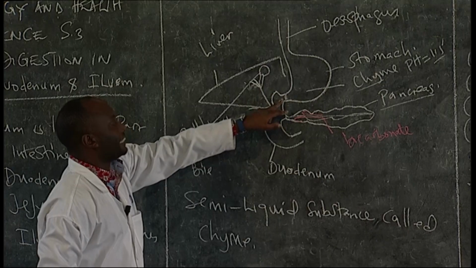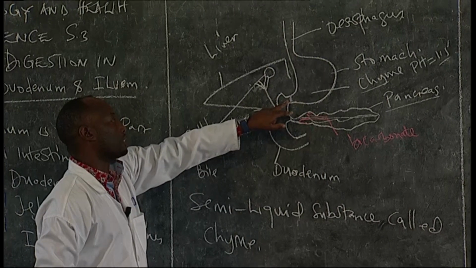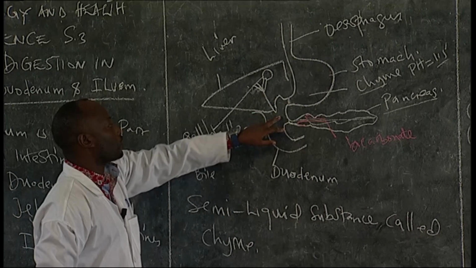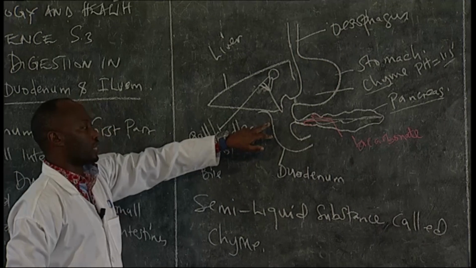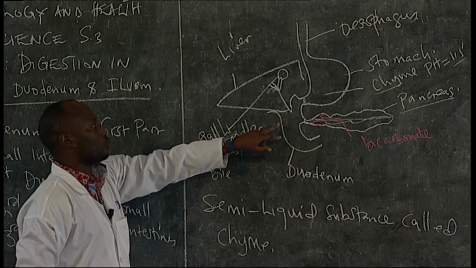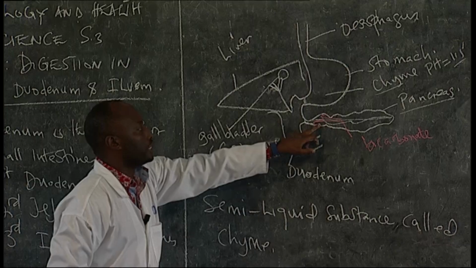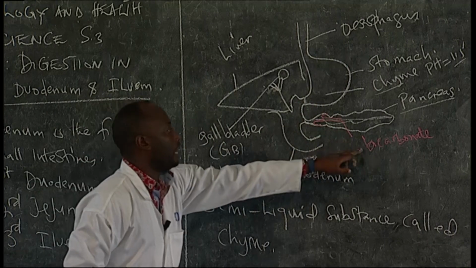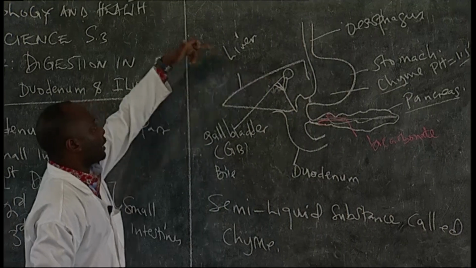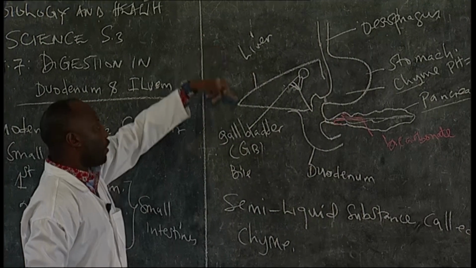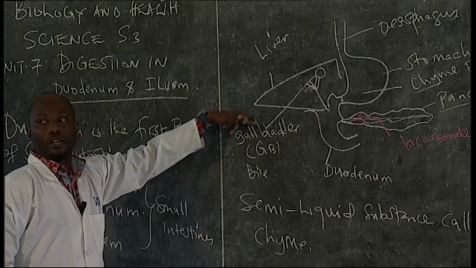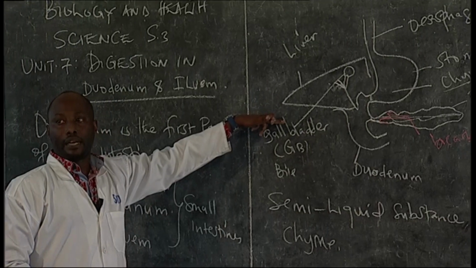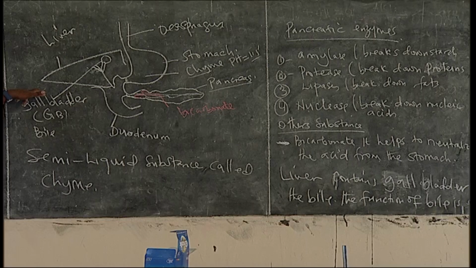Once the duodenum detects the food, it is stimulated by a hormone called secretin, which stimulates the pancreas to release pancreatic enzymes and also bicarbonate, and also stimulates the liver to inform the gallbladder to release the bile. And bile is very important in emulsification of fats.